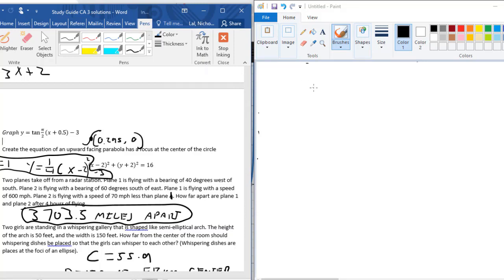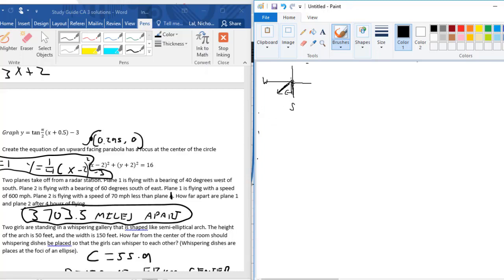Plane 1 is flying with a bearing 40 degrees west of south. So, drawing my directions where I have south and west. If I'm going west of south, I start south, then I rotate west, okay? So what angle direction is south?